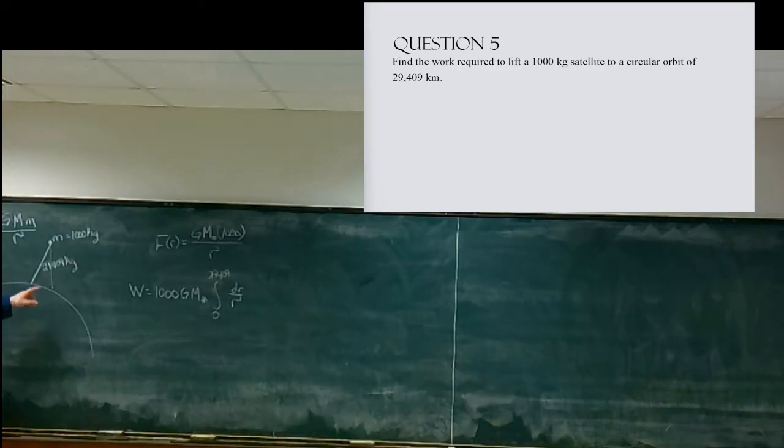For a satellite, we can just treat it as a point mass. So is that 29,409 distance from the center of the Earth? This is the distance we want. So what would this distance be?